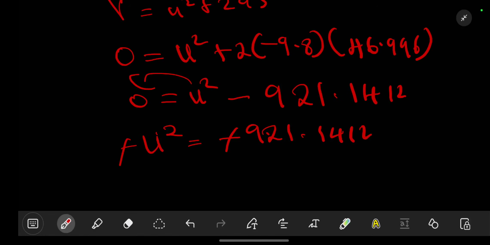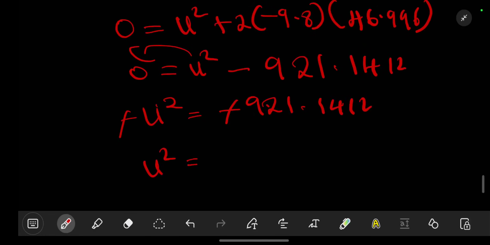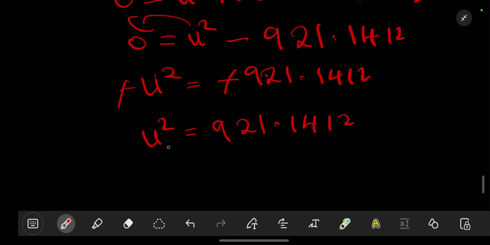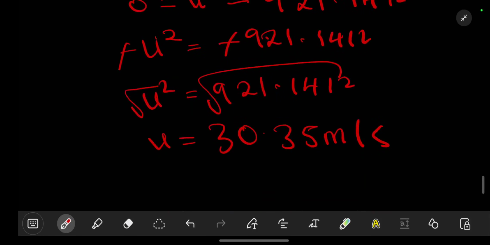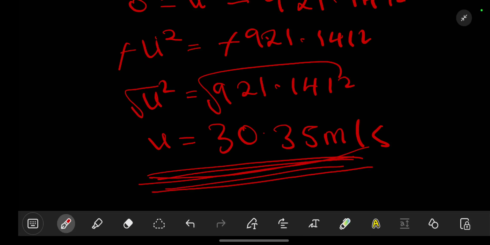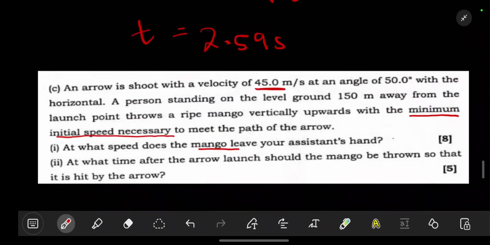We divide by the negative, so u squared is equal to 921.1412, and the square root of this value is equal to 30.35 meters per second. So this is the minimum speed that it must be thrown, and we get our 8 marks there.